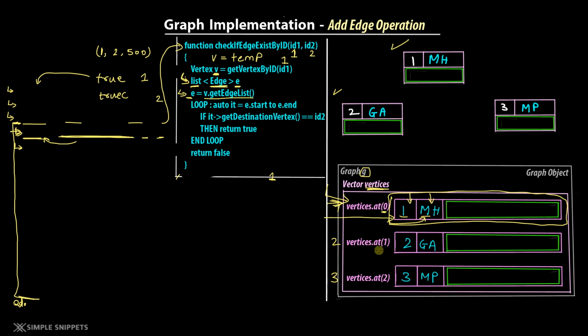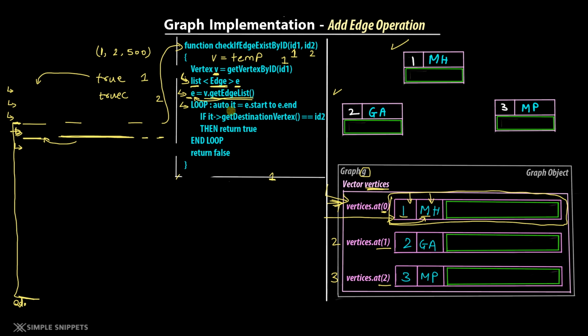So each of the vertices has its own edge list, which means that each of these vertices stores a list of edges that it is connected to. So that is what this function will return. Okay, and you'll see this in the coding part. It is just returning the entire list as it is. I'll explain to you in the coding part if you are getting confused, but what this will do is it will return a list which will be stored in this list E, which we temporarily create, and now we simply have to loop through this list.